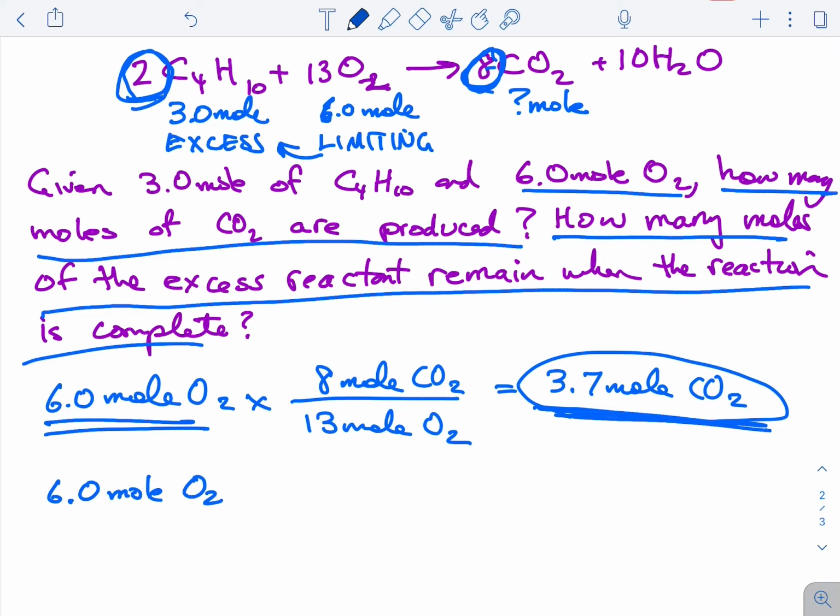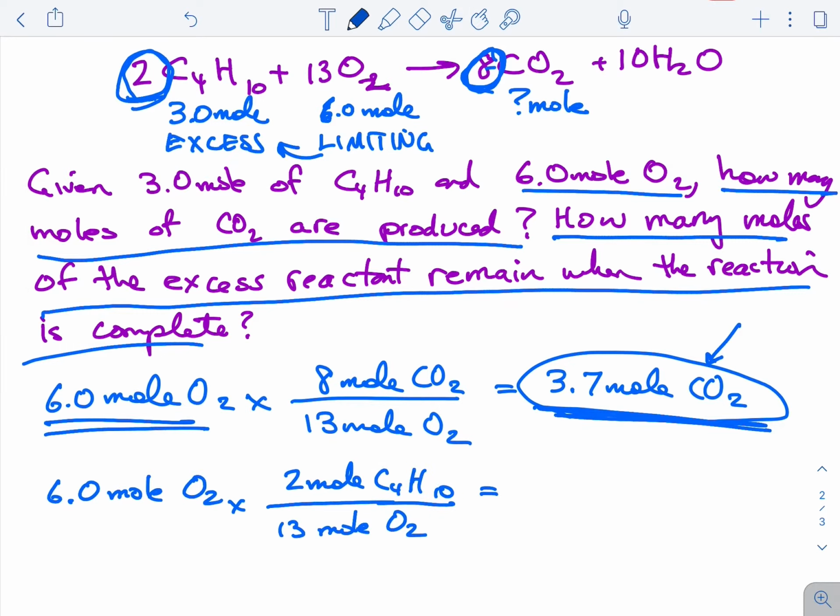All right, so I like to start with my 6 moles of O2. You may be more comfortable starting with the amount of CO2 produced. I don't care, you'll get the same answer every time, as long as you did the calculation right. Either one is fine. I'm gonna stick with the O2. And I know from my reaction equation that every 13 moles of O2 will react with 2 moles of C4H10.